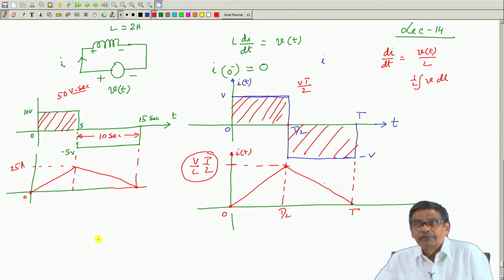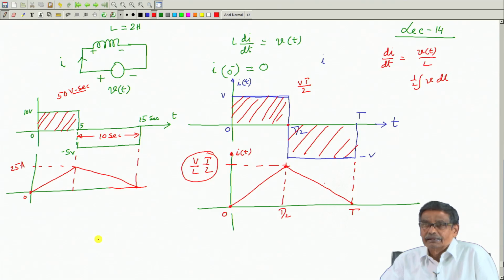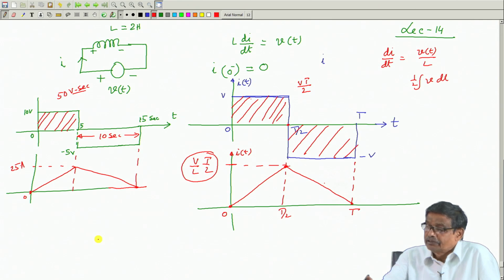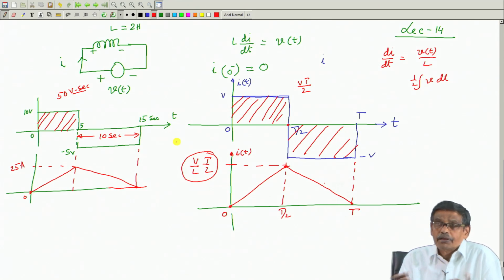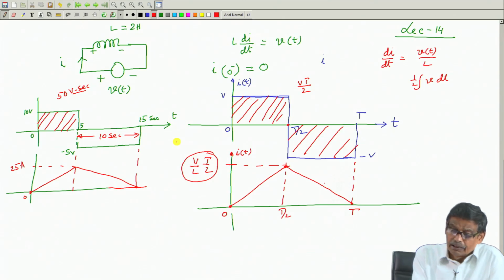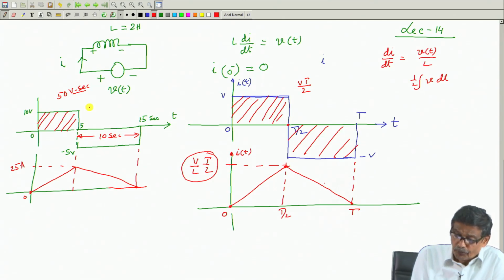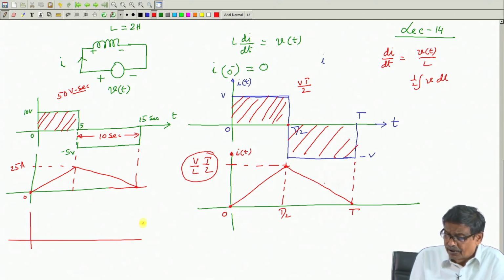See, the applied volt second, that integral V dt, depends upon what kind of voltage waveform you have applied. And no matter, for example, this 50 volt second could be achieved by some positive voltage waveform like this also.